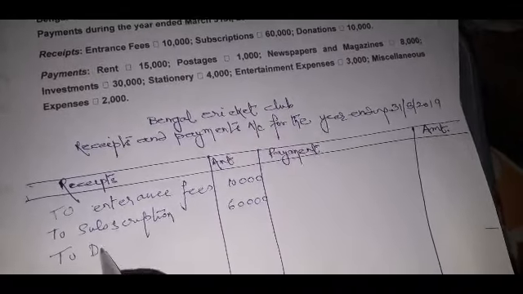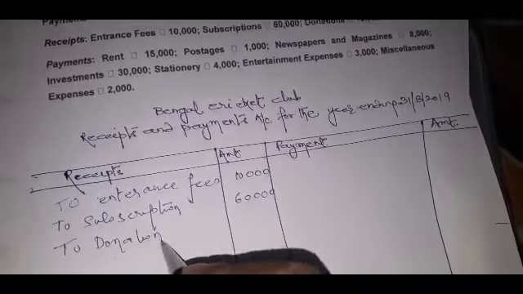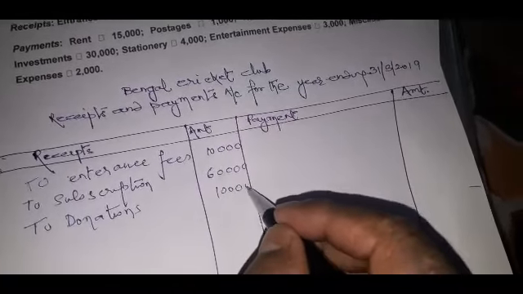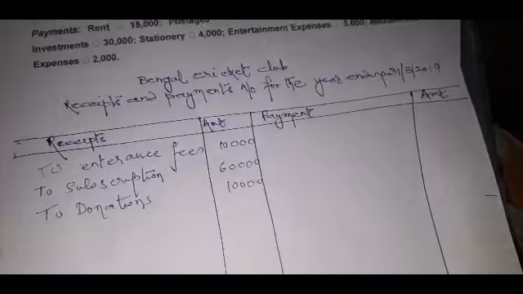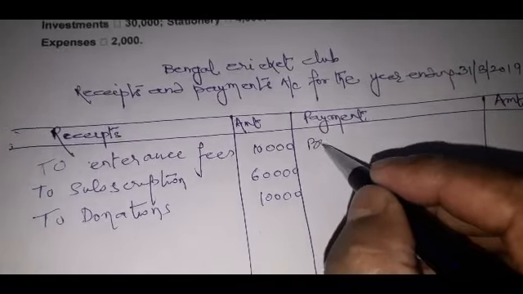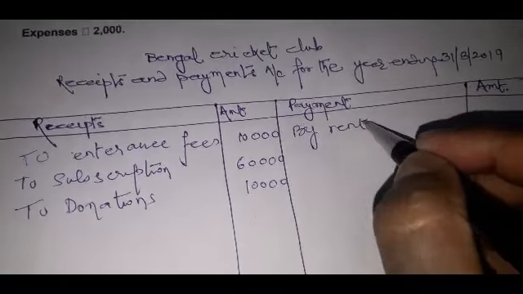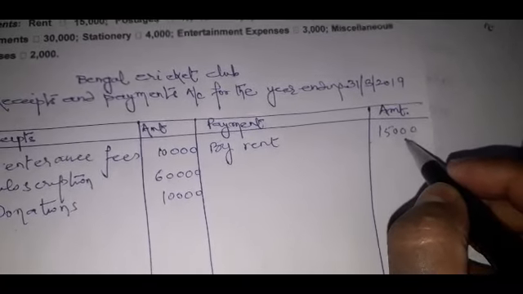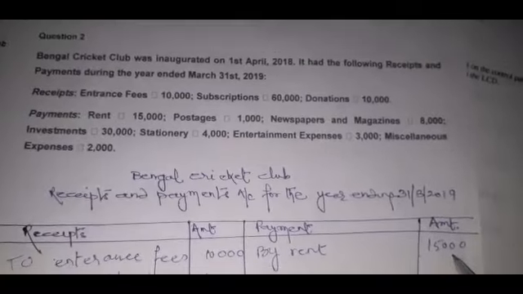To donation received on the receipt side, 10,000 rupees. Now comes the payments. First payment is rent. So by rent, 15,000 rupees.